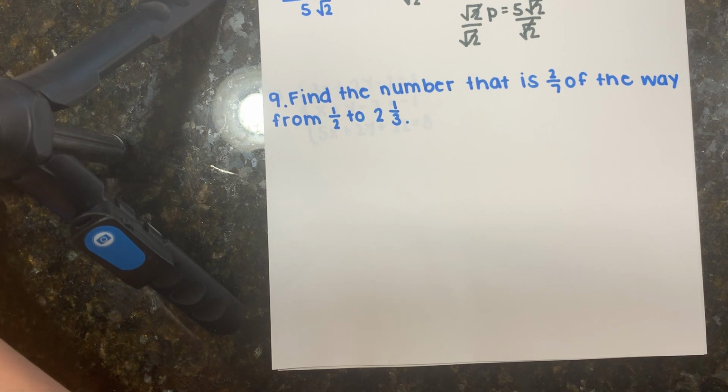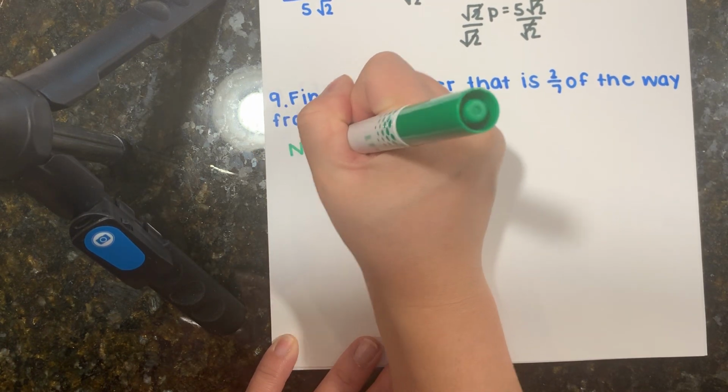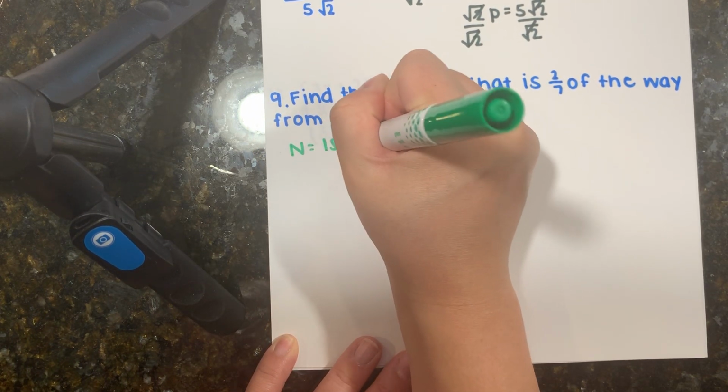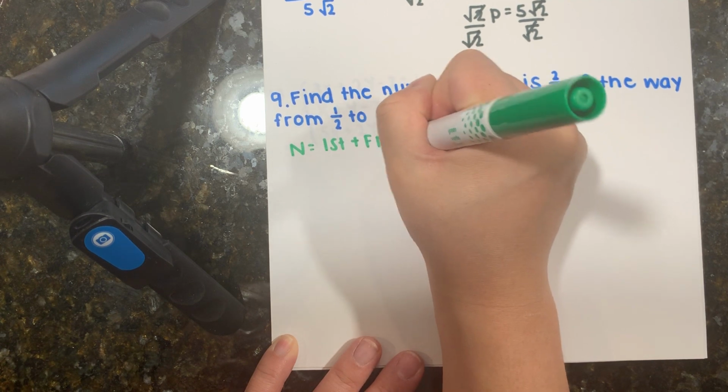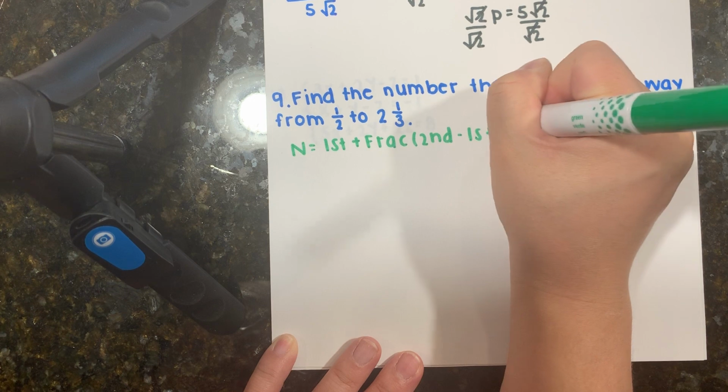Now moving on, we're going to look at number 9. For number 9, we're going to be solving for the number that's a fractional distance away from 2 points. And for this one, you do have a formula that you're going to be using. And that formula is going to be n is equal to the first number plus the fraction times the second number minus the first.